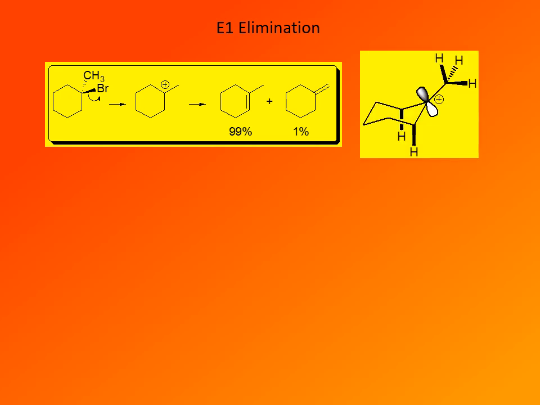The reason for the observed regioselectivity is that the intermediate carbocation can eliminate with any of the carbon-hydrogen bonds, or any hydrogens from the neighboring beta carbons that can align properly with the empty atomic p orbital.